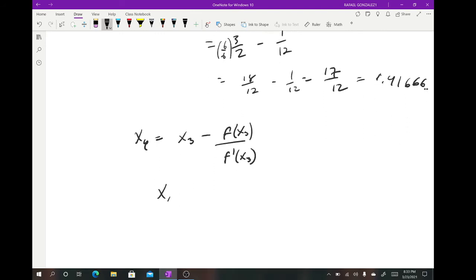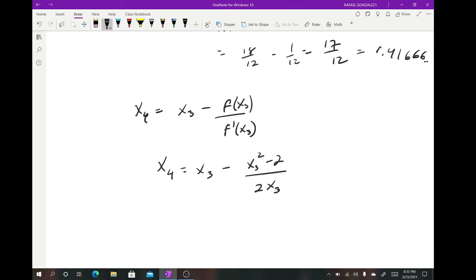So remember, that's going to be x4 equal to x3 minus x3 squared minus 2 divided by 2x3, just evaluating f at x3 and the derivative of f at x3. And finally, we just substitute the values from before. And the reason why I like it more as a fraction, they're easier to manipulate, and then at the end just turn it into a decimal. I think that's just the simpler way to do it.